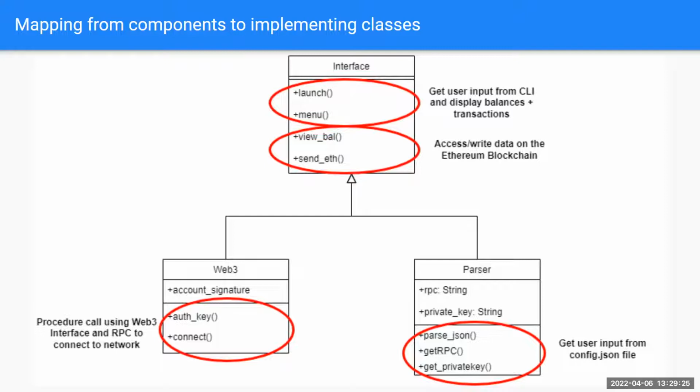The Web3 class has the authenticate key function and the connect to blockchain function, which is a procedure call using the Web3 interface and RPC URL to connect to the Ethereum network. The parser class is what gets the user input from the config.json file.